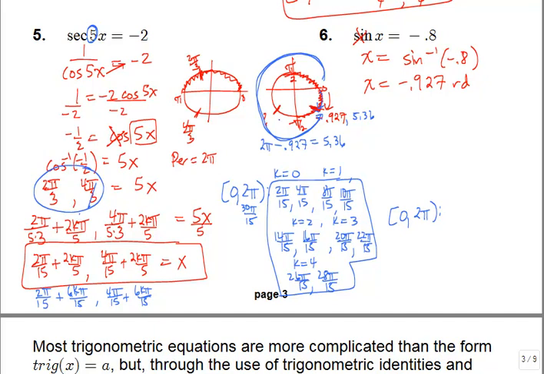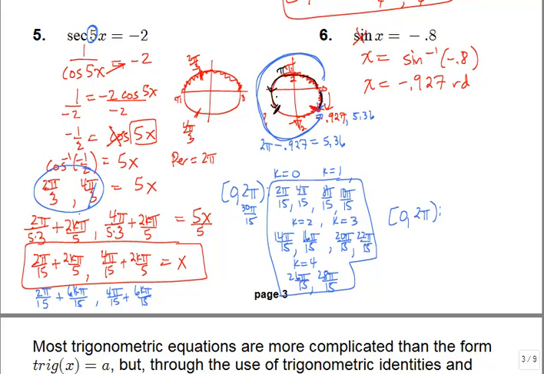What should the quadrant 3 angle be? How could we figure that out? So let's pick a different color here and see if we can visualize what this is. We know it's supposed to be over here, so how could we figure out what it is based on this negative 0.927? Well, from here to here is pi, and this amount right here is 0.927, but it's negative if I'm going down.